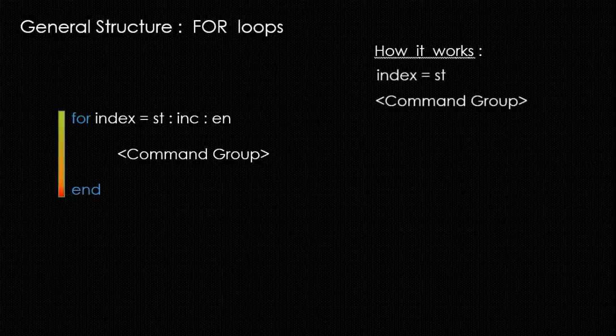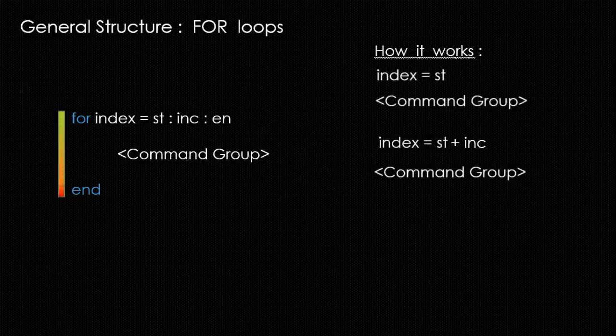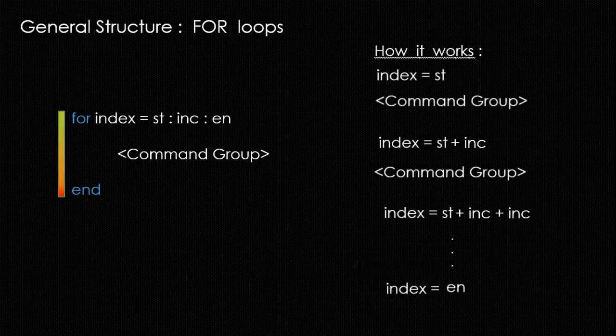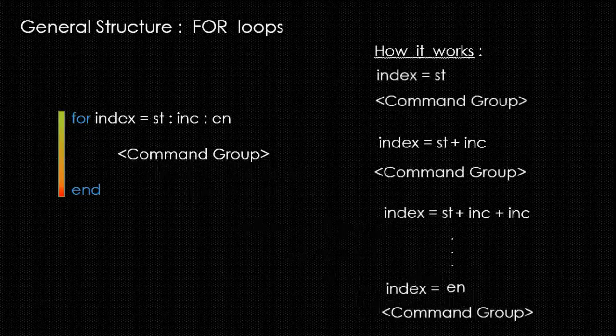When it reaches end, a new pass begins with the index being assigned the next value. The statements are executed again with respect to the new value of index. After this pass, a new pass begins with another updated value of index. This continues till index matches the value of end or the last possible value not exceeding end when the final pass is executed. After this, the loop finishes.